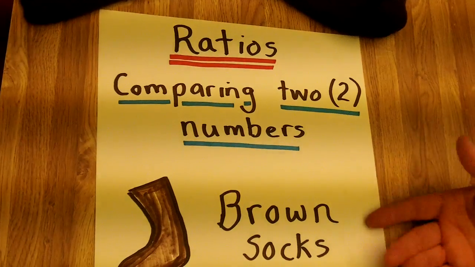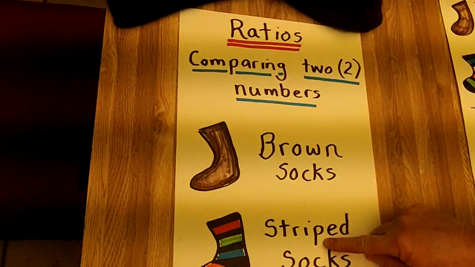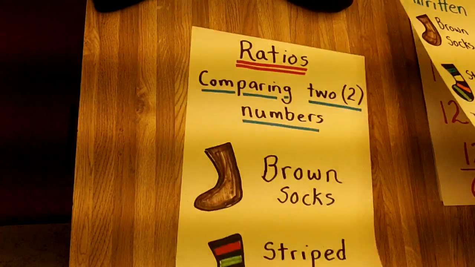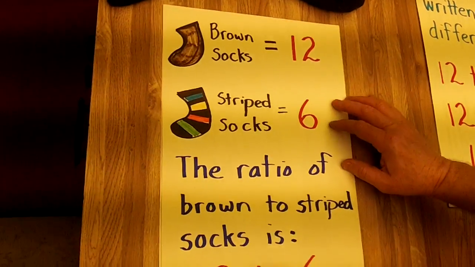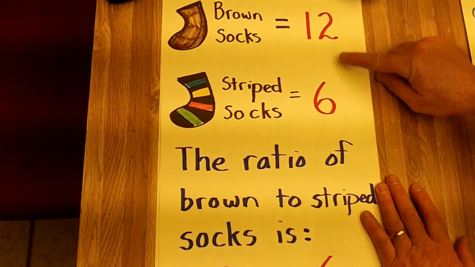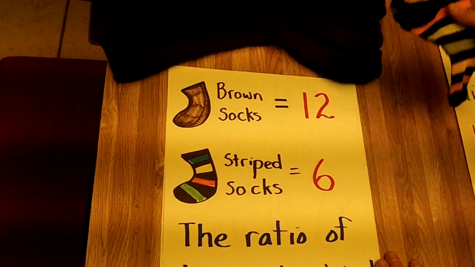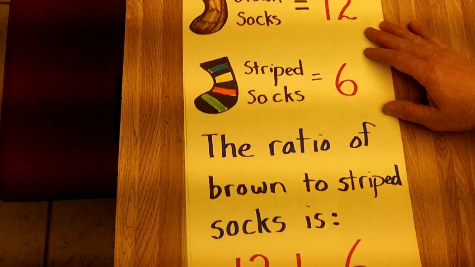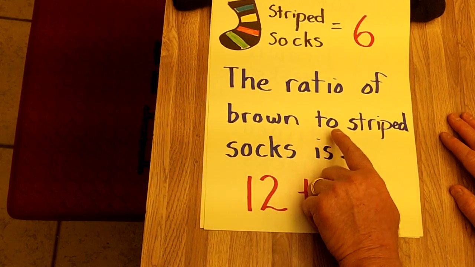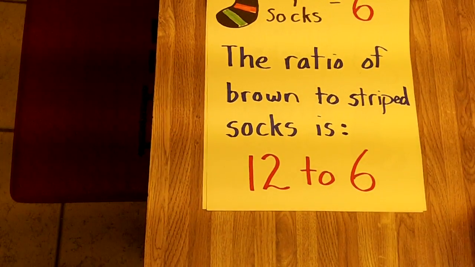Like right now, we're comparing the number of brown socks with the number of striped socks. So, right now we've counted 12 brown socks and our 6 striped socks. Very festive and fun. Okay? So, we say that the ratio of brown to striped socks is 12 to 6.